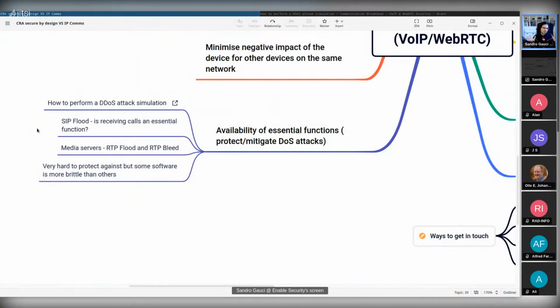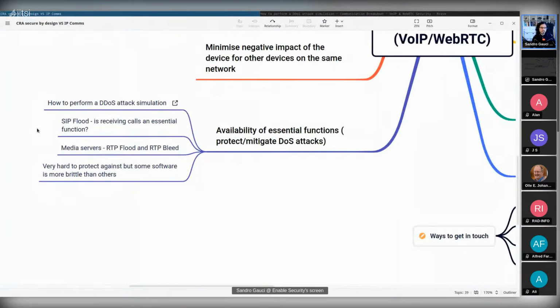But more interestingly, of course, are the servers, where you affect the entire phone system. And this can be quite detrimental. And I think making phone calls and video calls and so on, IP communications, probably falls under essential functions, right?